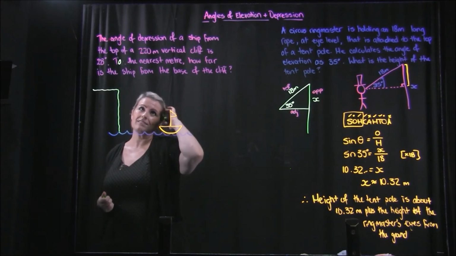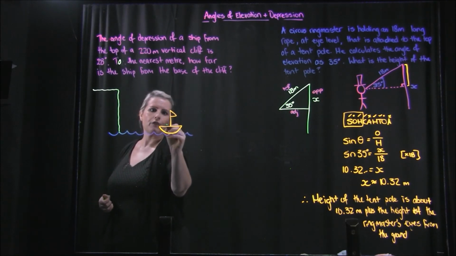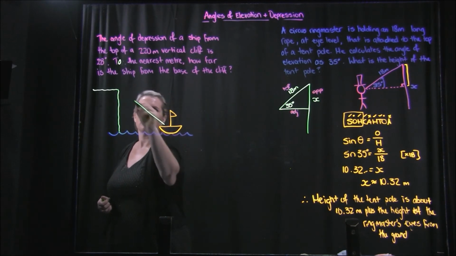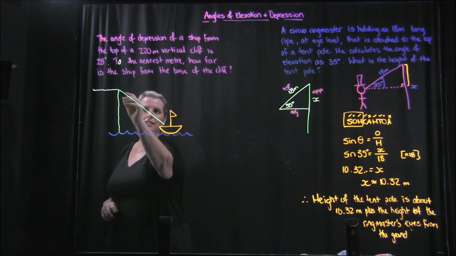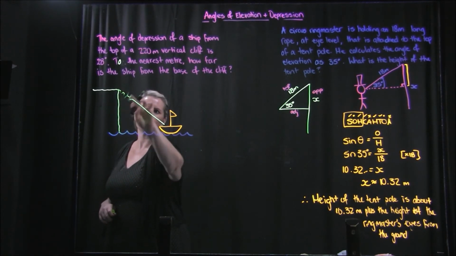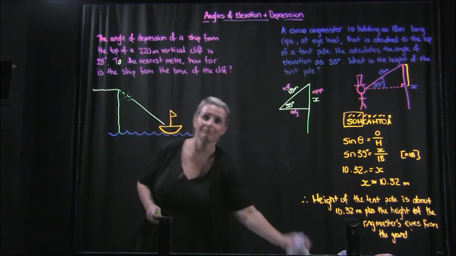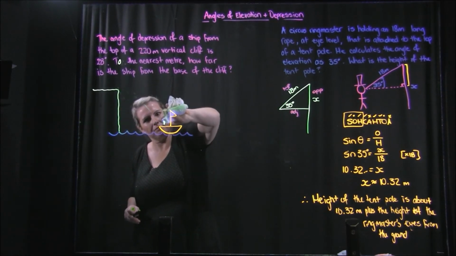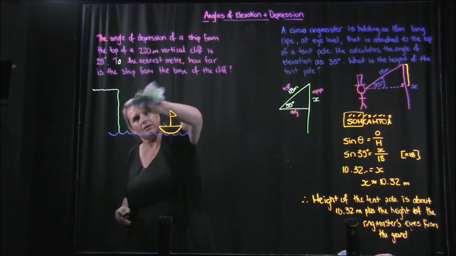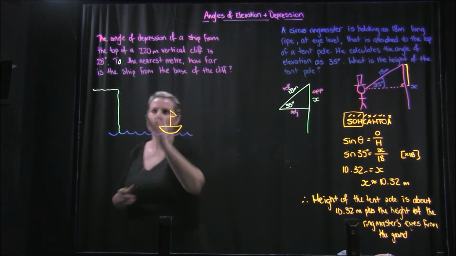If I'm going from my ship to the top of the vertical, this probably should be a dotted line, shouldn't it? That would make it a bit easier to understand the diagram. So let's just make that dotted.